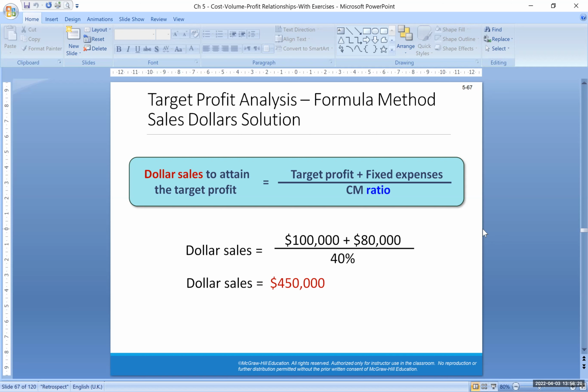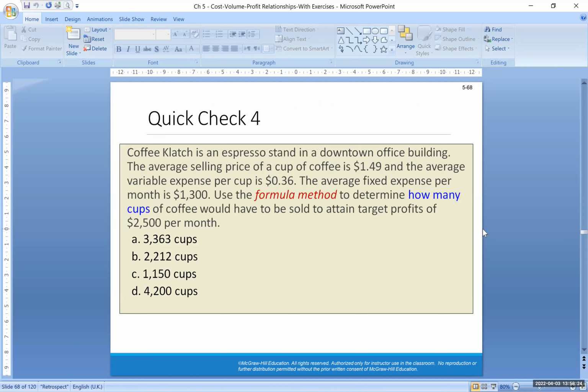A quiz. Coffee Clutch, if you remember this quiz, is an espresso stand in a downtown office building. The average selling price of a cup of coffee is $1.49, and the average variable expenses per cup is $0.36.